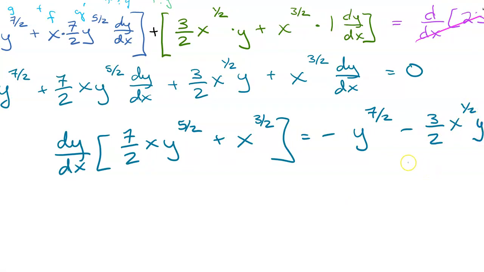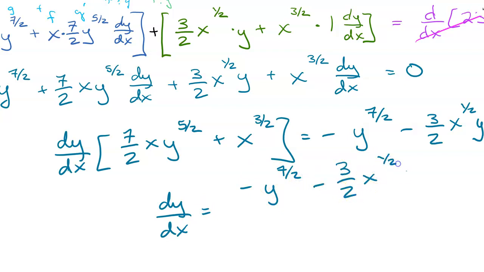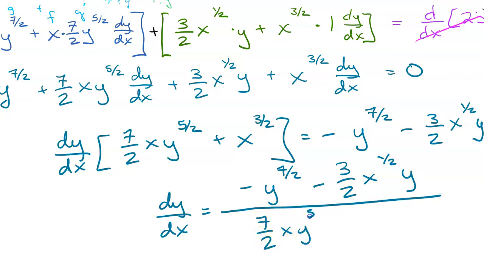Careful of your negatives. And divide. So dy dx equals negative y to the 7/2 minus 3/2 x to the 1/2 y all over 7/2 x y to the 5/2 plus x to the 3/2. So there's the first derivative.